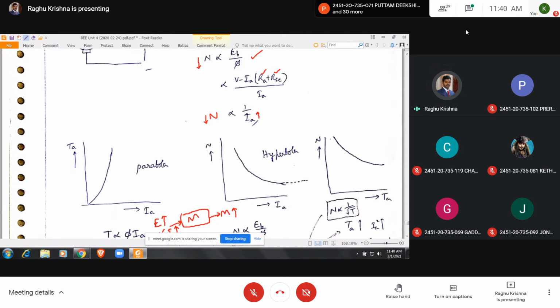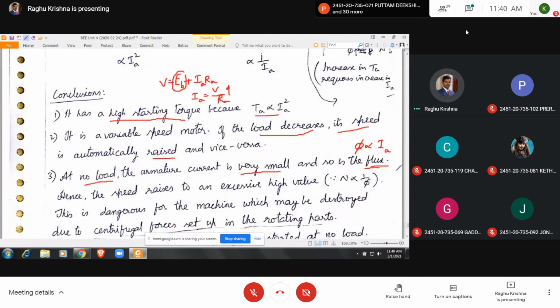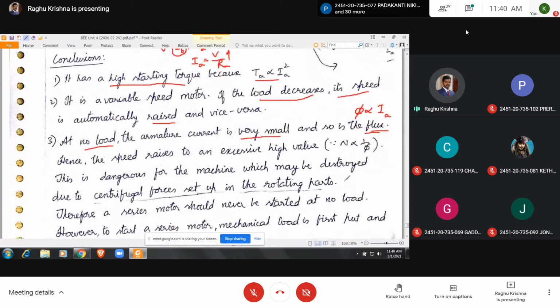So if the flux is small, what happens to the speed? Speed goes to a dangerously high value. That is why we must not start a DC series motor without any load. After connecting the load only, we have to switch on the supply to a DC series motor.